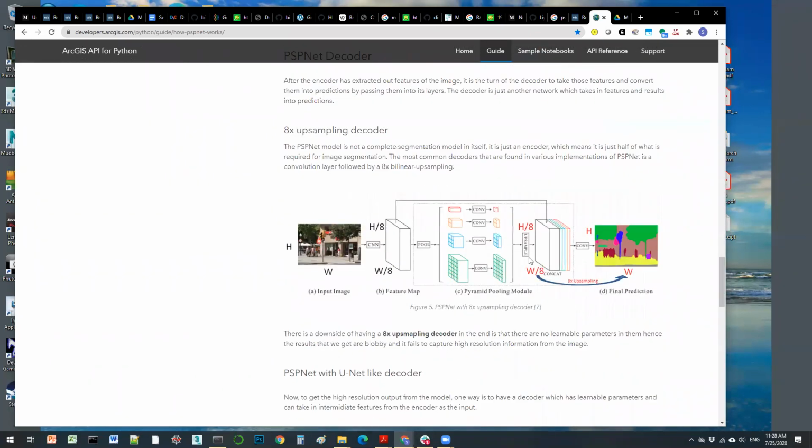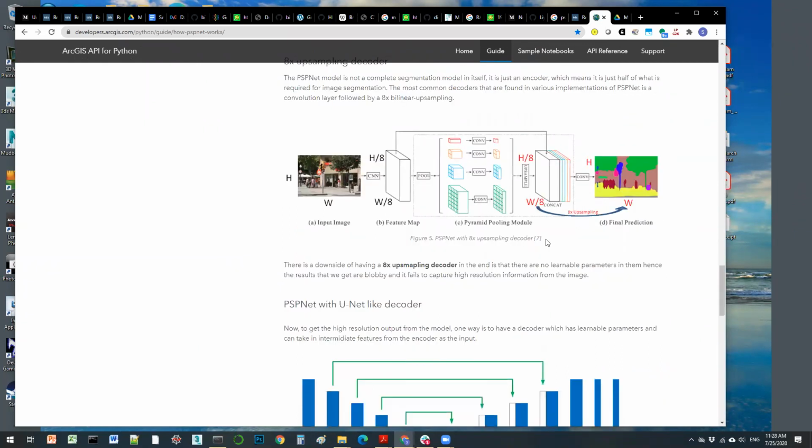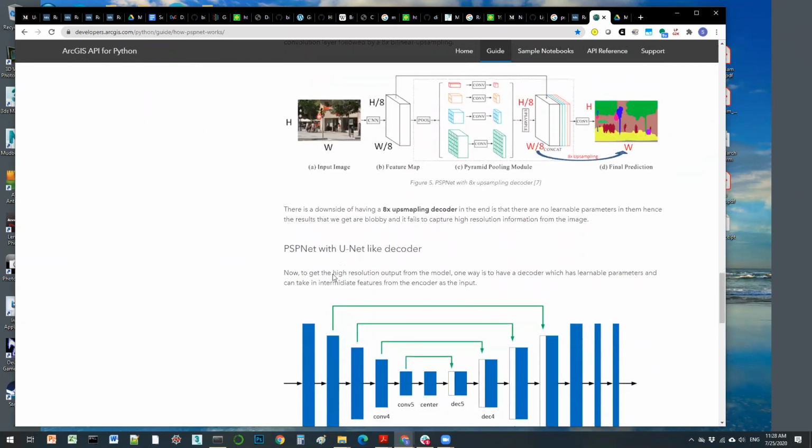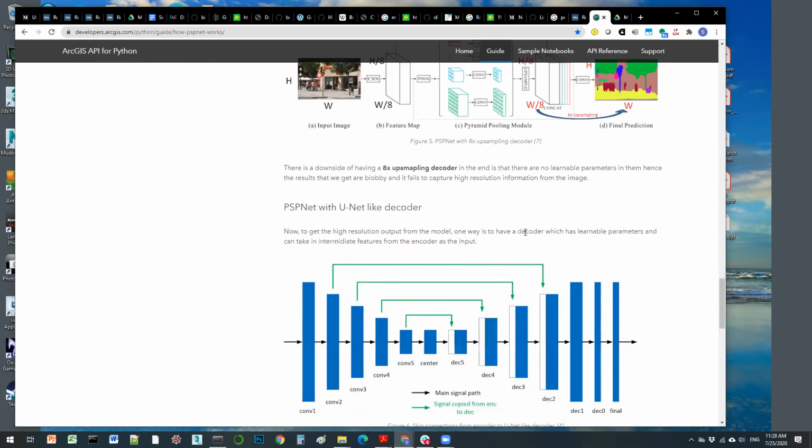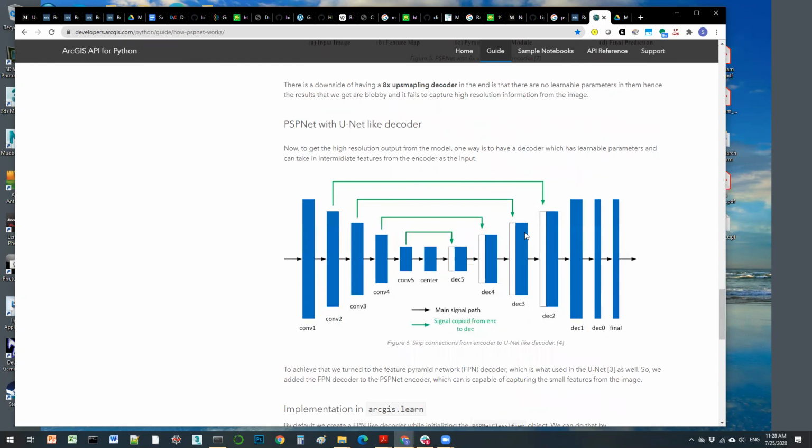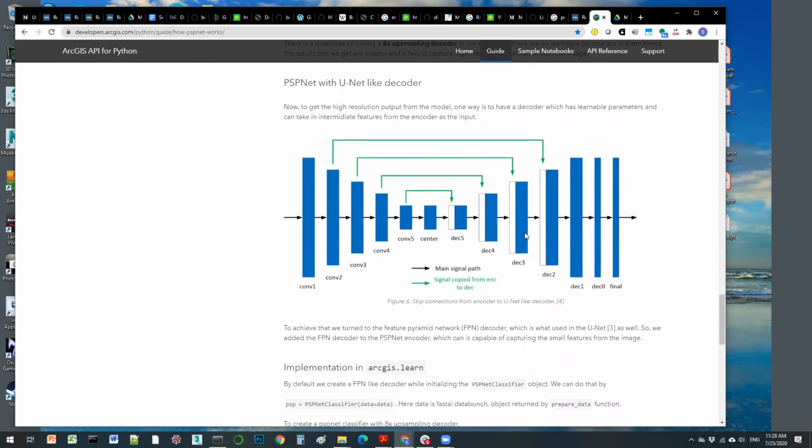But here is where the problem lies, right? And in order to address it, he comes up with PSPNet with a UNet-like decoder. And this is kind of what Steve is talking about.